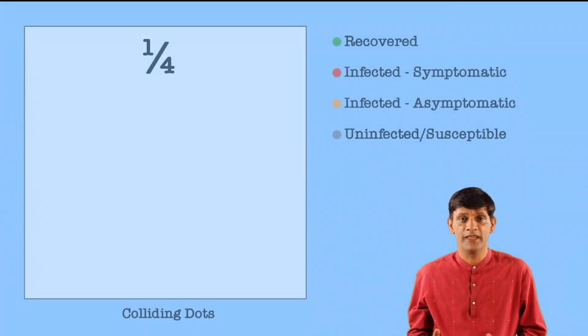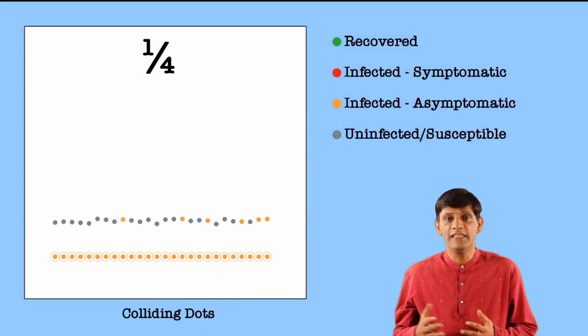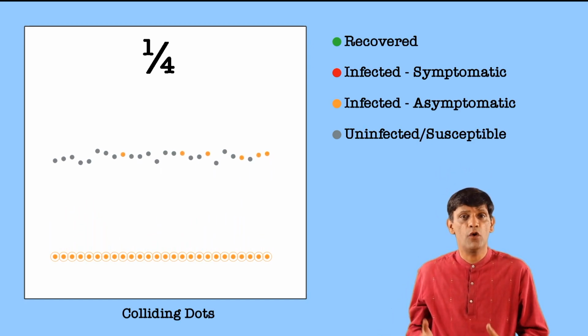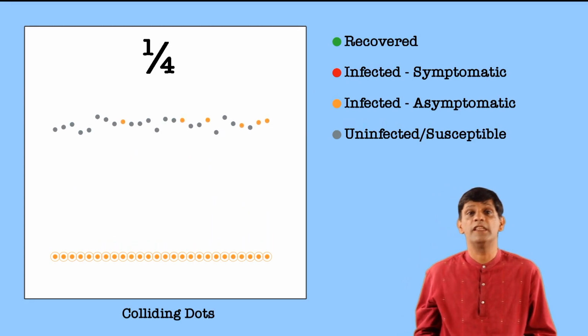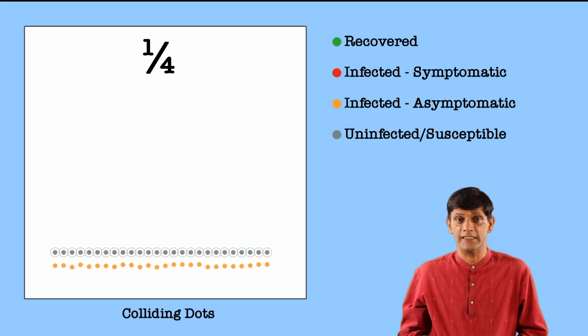So how can we reduce the value of R? We can do that by behaving in a socially responsible way. In our animation now we introduce double dots. These are people who behave in a socially responsible way. So what they do is they wash their hands often, they don't shake hands, they keep their distance from others.